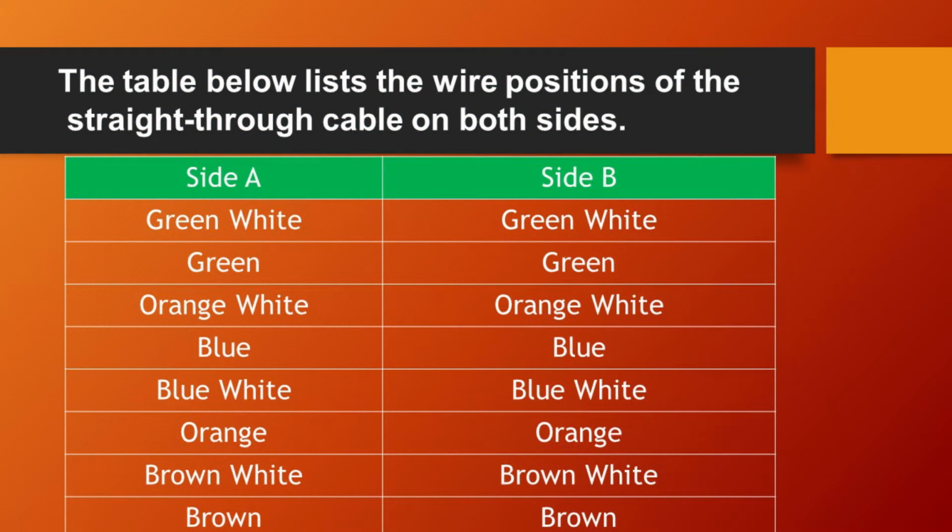On side A, it follows the order of green-white, green, orange-white, blue, blue-white, orange, brown-white, and brown. And on the other side, it follows the same. So it uses the same color code, that is 568A, but you can also use 568B. Make sure that you only use the same color code for both sides.